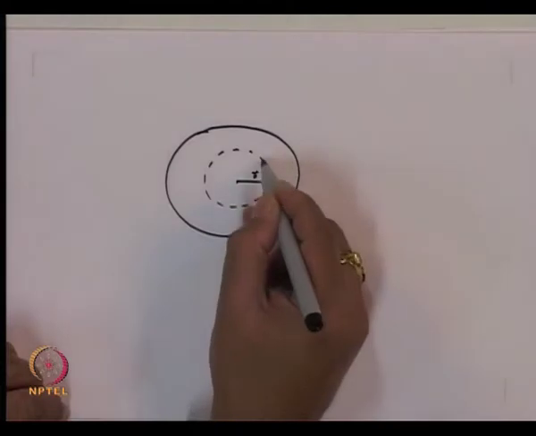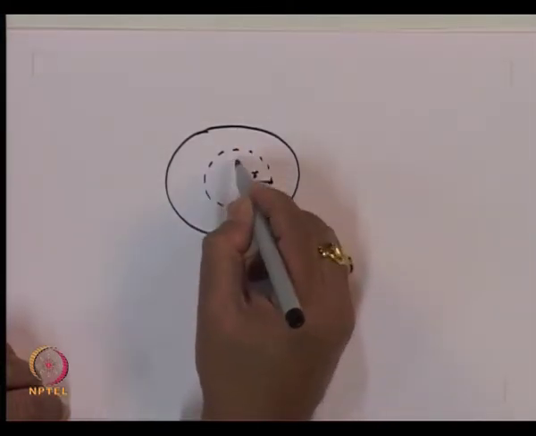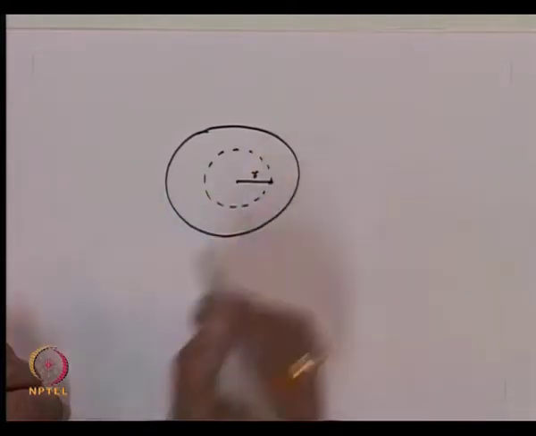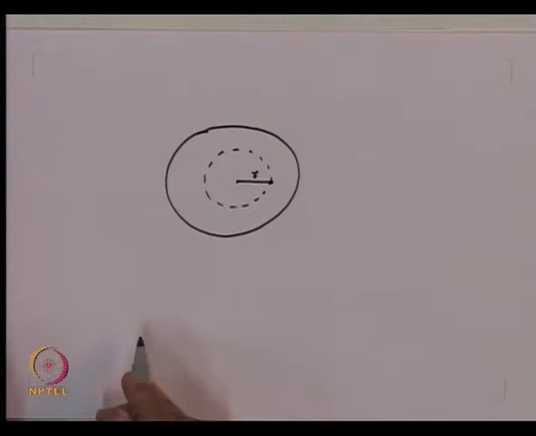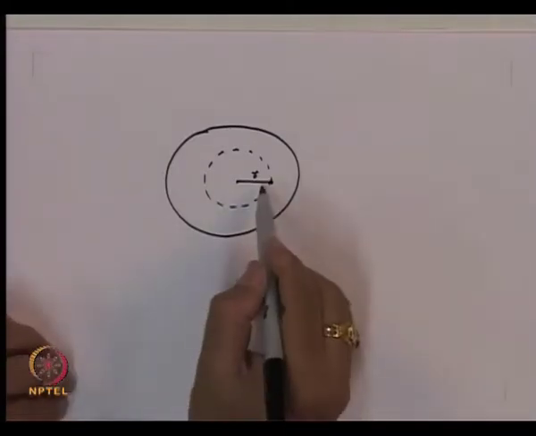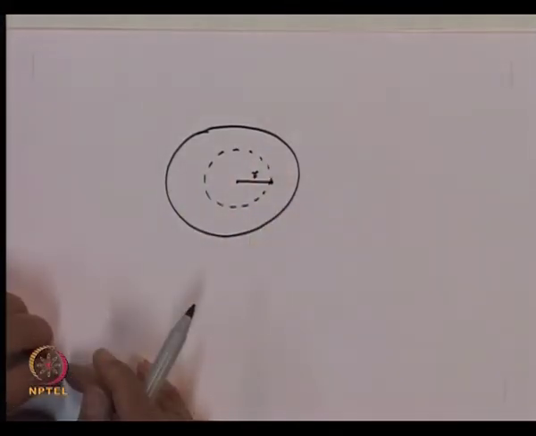So, as phi goes around this circle, when phi changes by 2 pi, you reach the same point, you come back here. That means the functional form, this capital phi of phi, should be such that it is periodic over 2 pi.